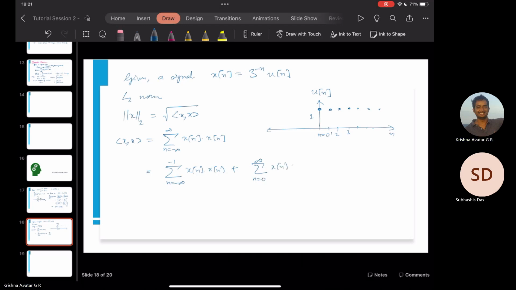And we recall that over minus infinity to minus 1, this has the value 0. So 0 into 0 is 0, and we are left with this.